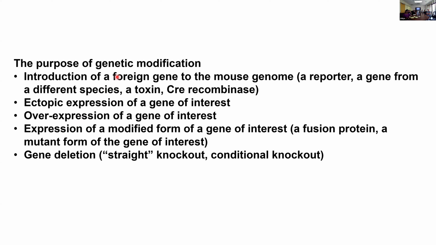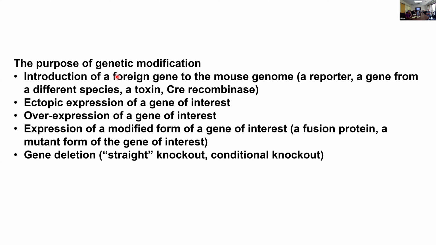Or you want to express a gene that the mouse genome normally doesn't encode, so you can put it there. That's not exactly the same as a humanized mouse, which involves generating the human gene form, the coding sequence, everything.